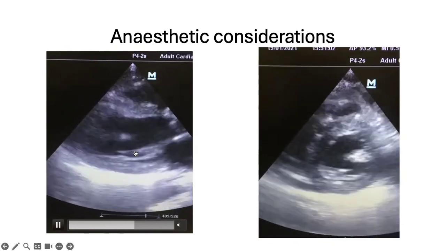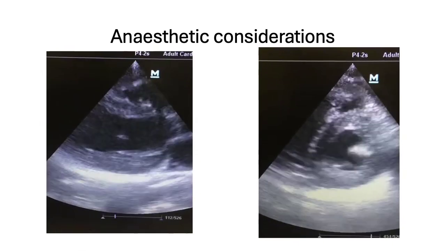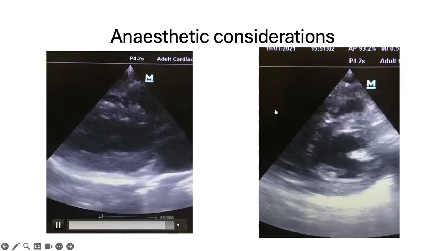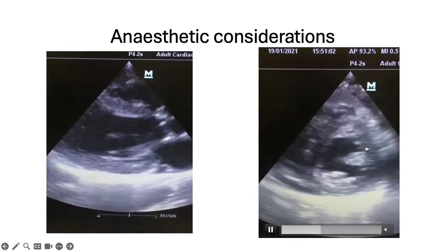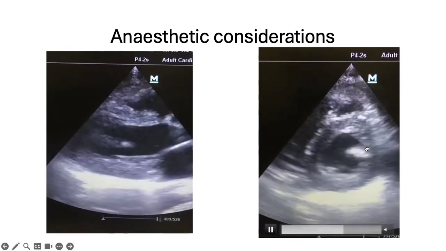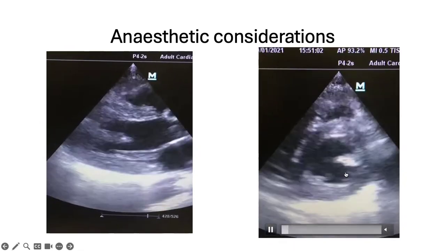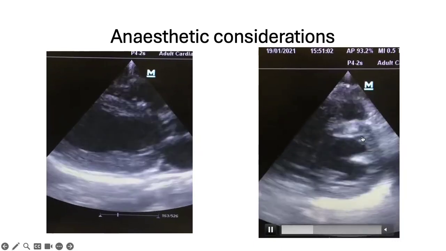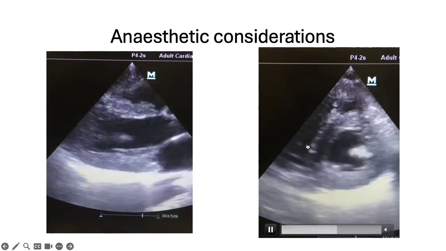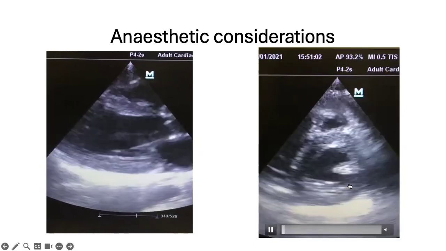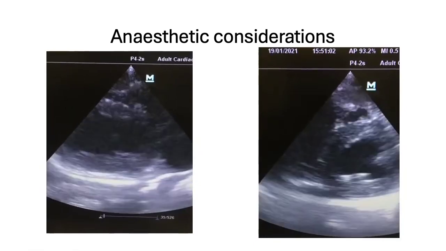What we can appreciate in this patient is that we've got poor LV contractility. And then on the right, we have the parasternal short axis view, and what we can see also is poor LV contractility. So this is the LV and this is the right ventricle. We can see this poor left ventricular contractility, and this is at the level of the papillaries.